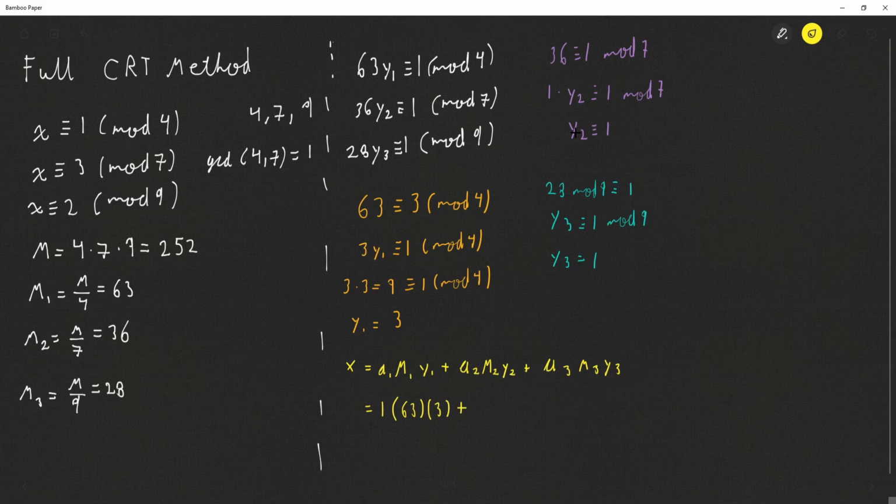Now we're going to add this with our A2, which is going to be the 3 from the original all the way over here. So we're going to have 3, and then our M2, which is going to be equal to 36, and then finally our 1.